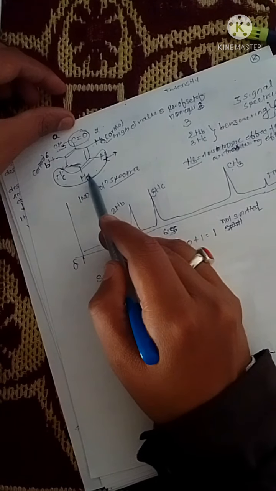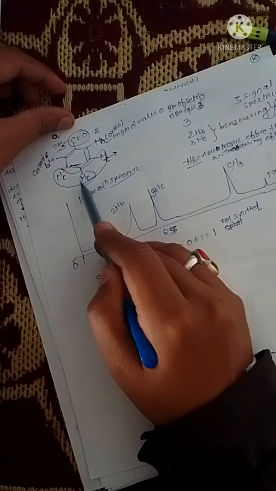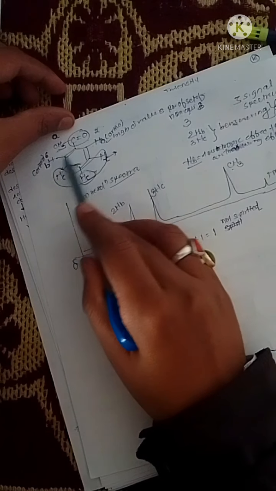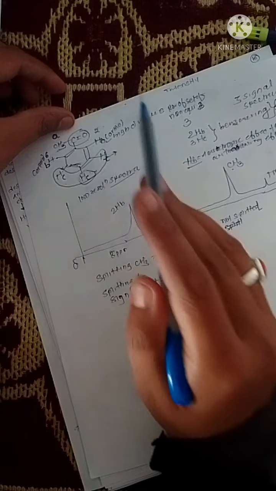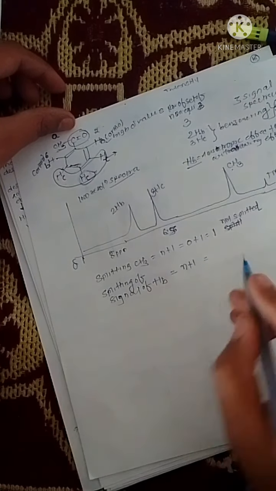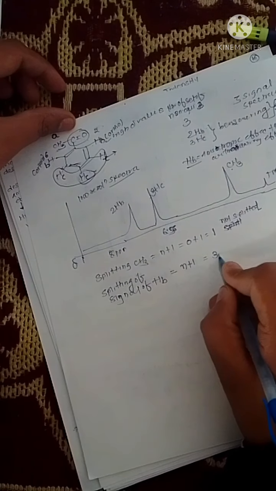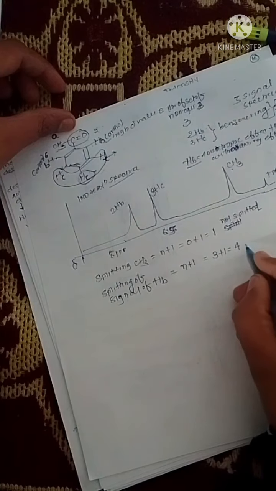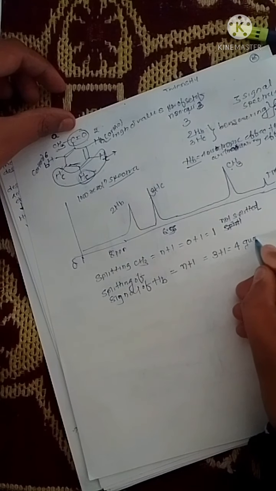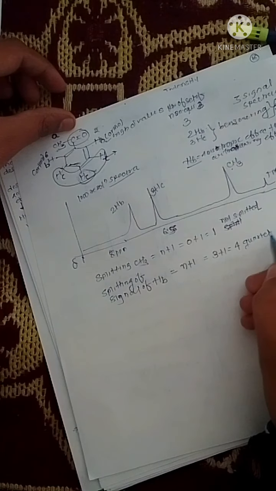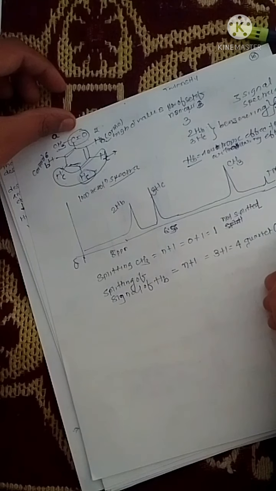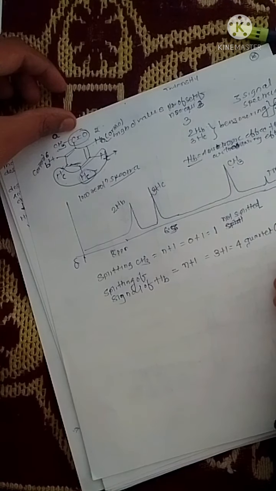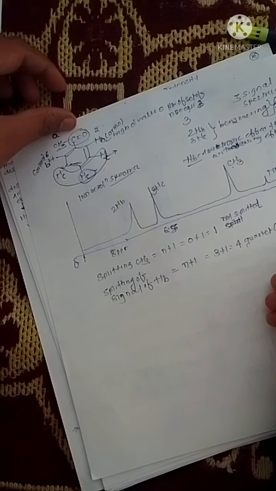Take it that this C proton is also considered as adjacent to this Hb proton in acetophenone. So write here 3 plus 1, so you get a quartet. Generally it is considered a multiplet for an aromatic nucleus, this type of splitting.